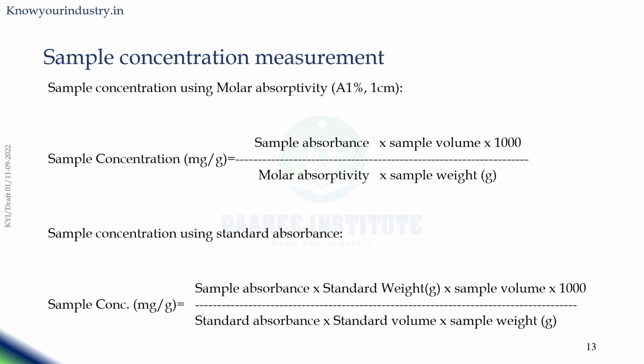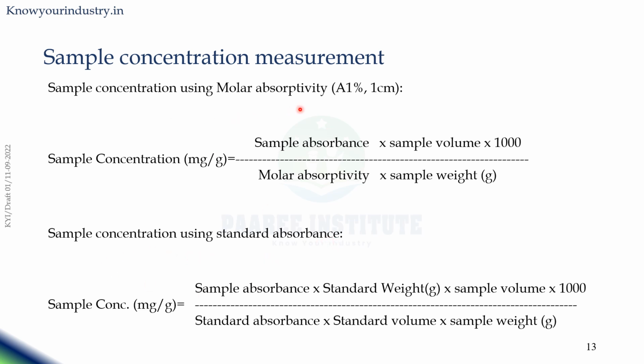So once the method using the UV visible spectrophotometer is developed, then finally you have to use certain formulas to calculate the standard absorbance, the sample absorbance or the molar absorptivity. In case you are using the molar absorptivity method, then you have to calculate the sample concentration using the molar absorptivity method or the sample concentration using a standard absorbance.